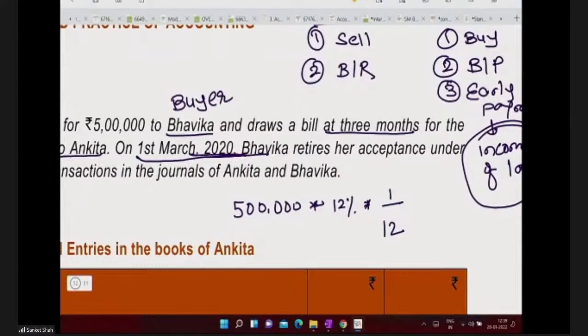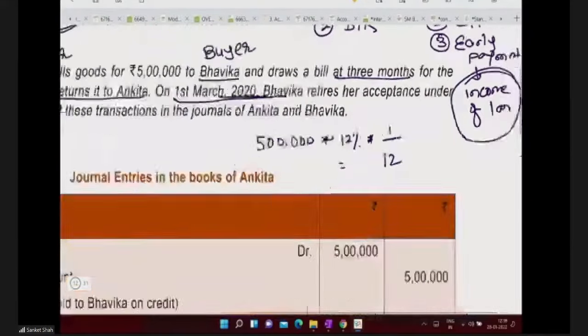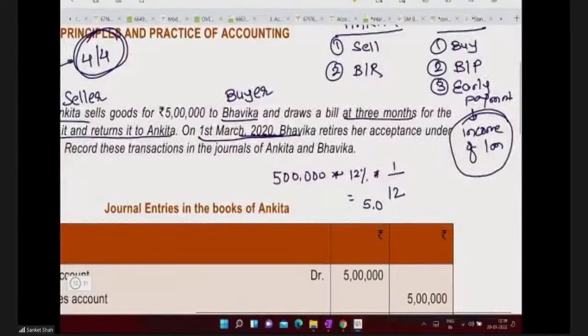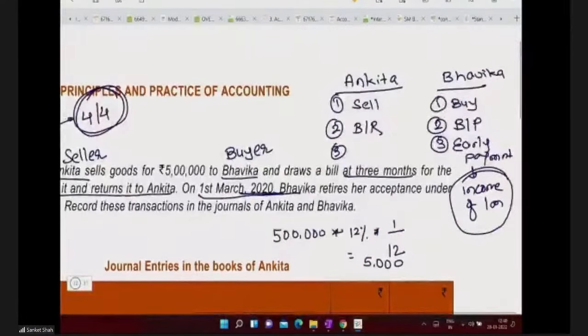Yes, what is the amount? You can check here. Amount is 5,000. And for Ankita, it is early receipt.